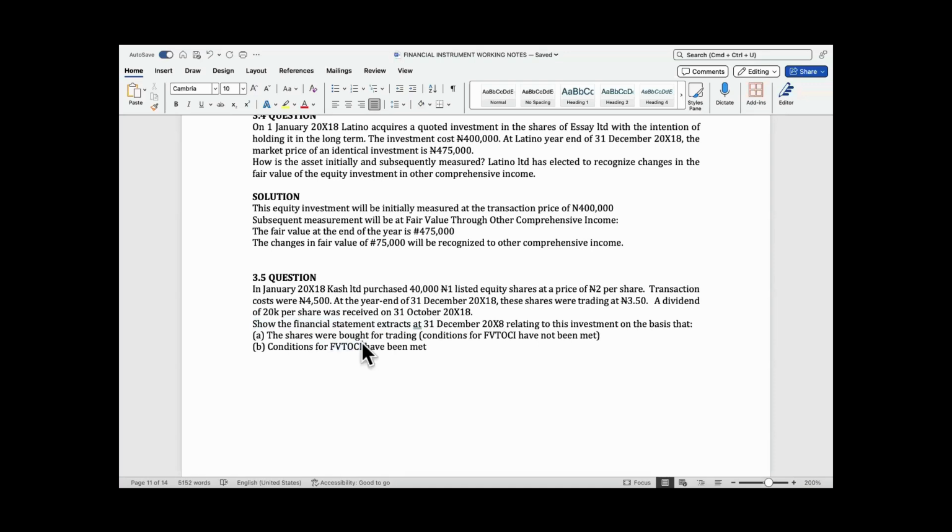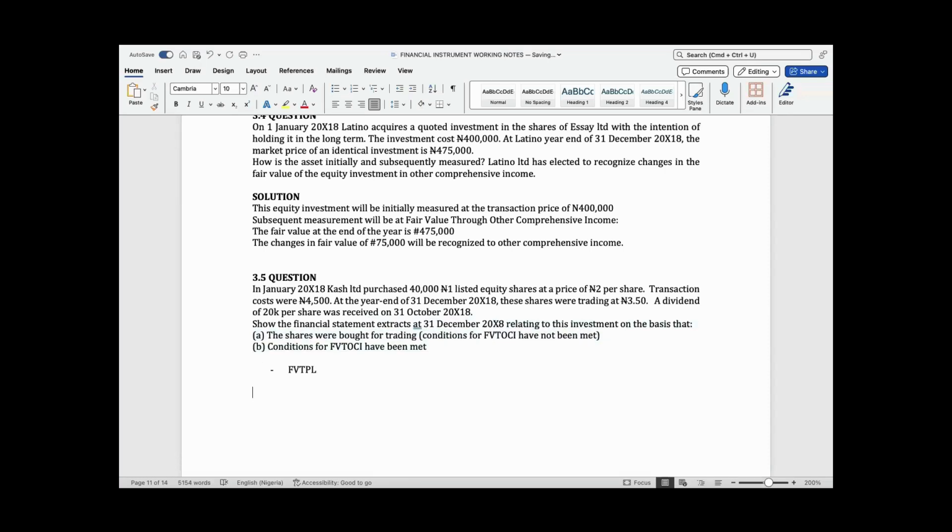That means it will be for the long term. So the examiner wants us to account for these equity investments using both bases of measurement, fair value through other comprehensive income and fair value through PL. The A part is when you are classifying it at fair value through PL. So how does this work?